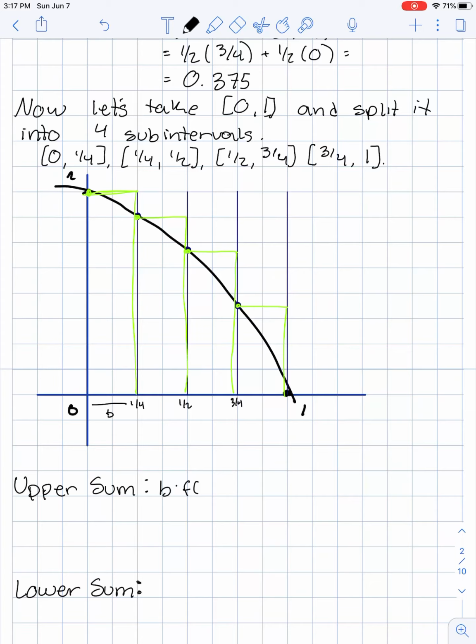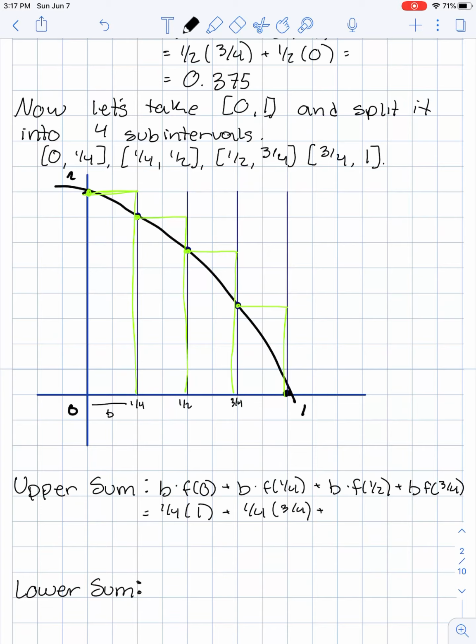That would be really difficult to find. So f of 0 plus base times f of 1/4, and those simplify to 1/4 times 1 plus 1/4 times 3/4.